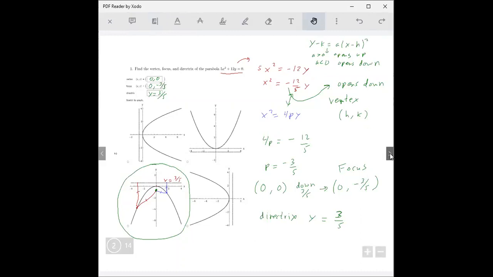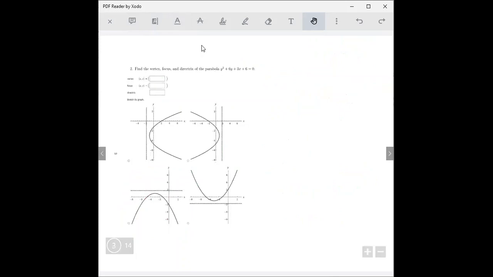Okay, let me go a little bit different. The next one. Now, some of these you're going to have to complete the square, like this one right here. So here I have y squared plus 6y.